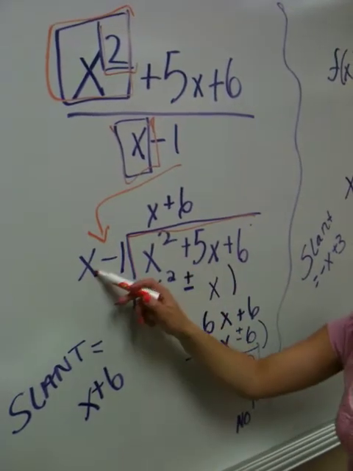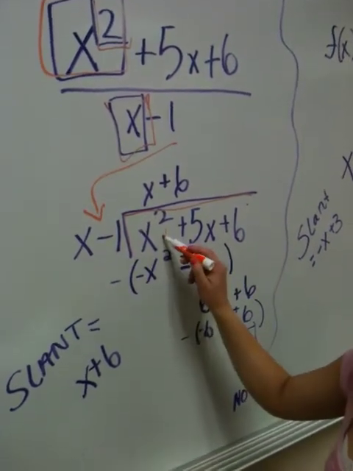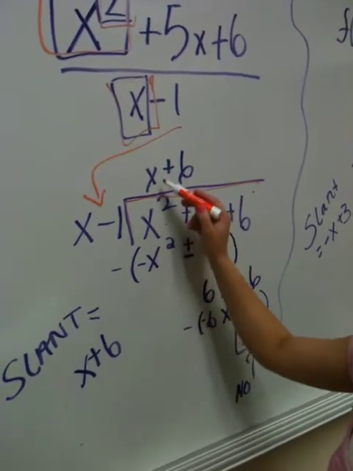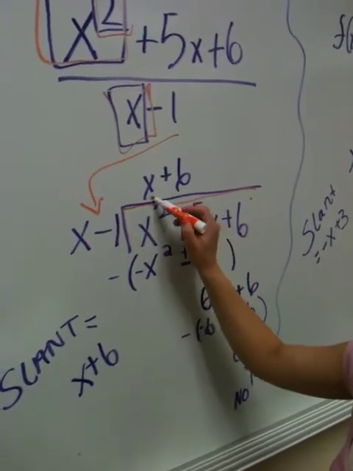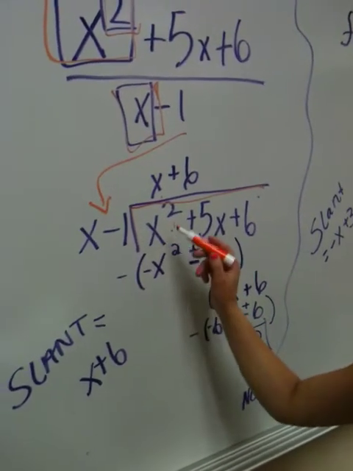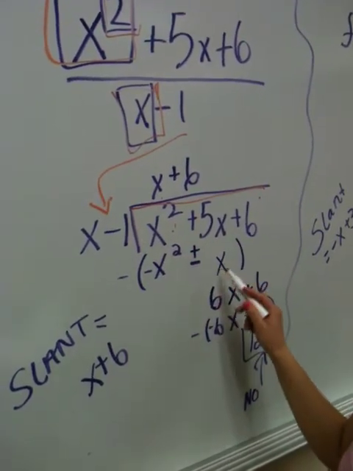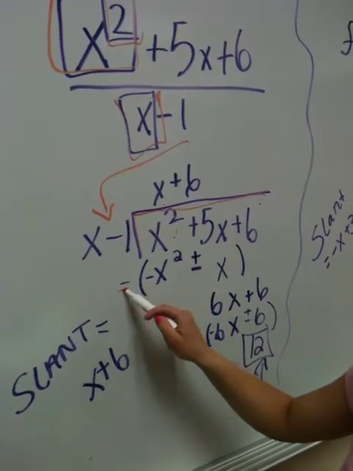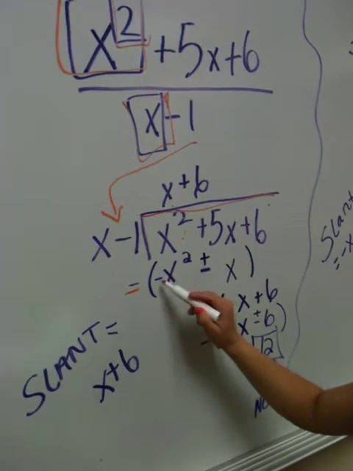And then what times x will give x squared, and that's x. So then we have to distribute, so x times negative 1 equals negative x. So then we want to do a minus sign, and then we do the opposite.